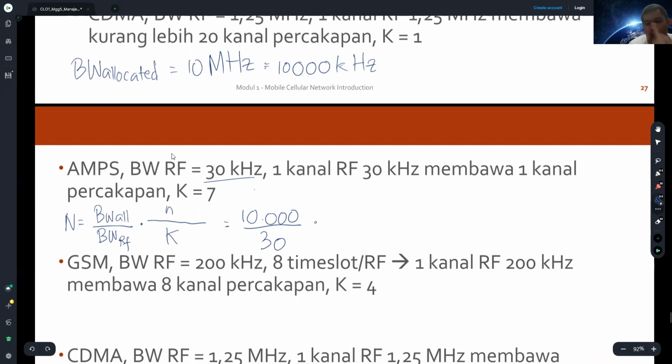Now, since 1 RF channel only has 1 channel, the value of n will be equal to 1. So it will be equal to 1 divided by 7, since the value of K is 7. So it will be equal to, wait, let's calculate it first.